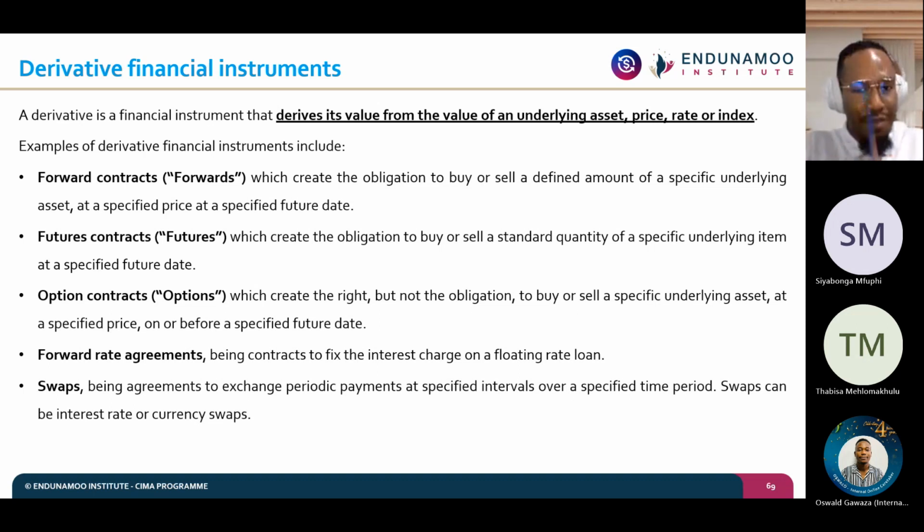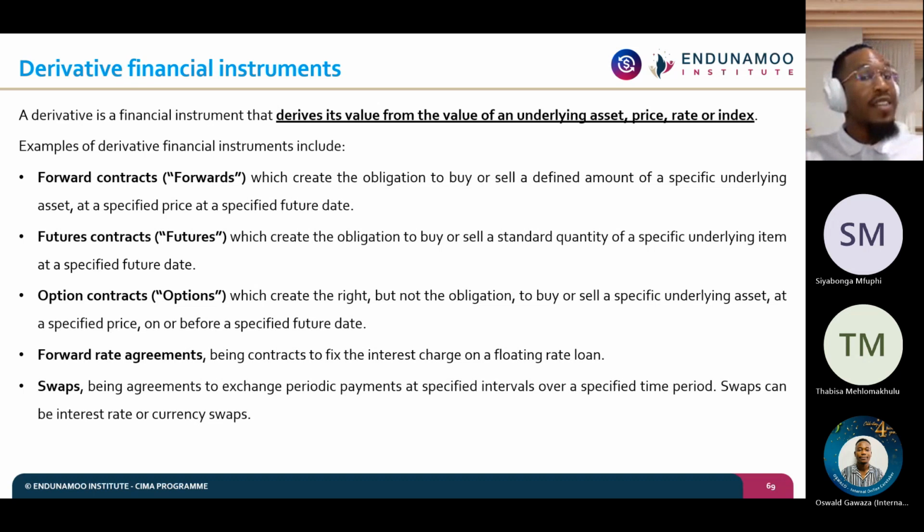Someone who doesn't have a contract with BP would currently have to pay 11,000. You have a contract that entitles you to only pay 10,000, which means the value of your contract is 1,000 Rand per barrel. You are better off by 1,000 Rand compared to, say, a David who's out there who doesn't have a forward contract.